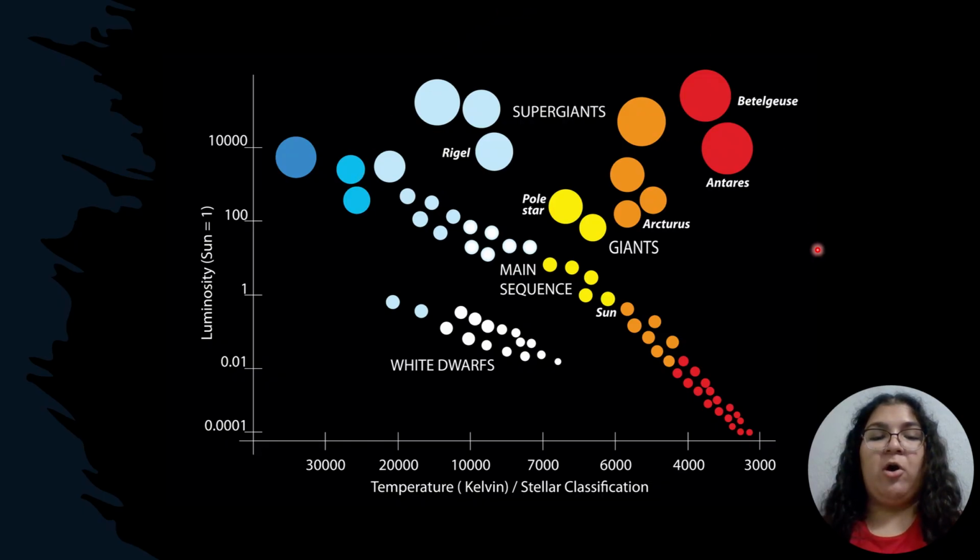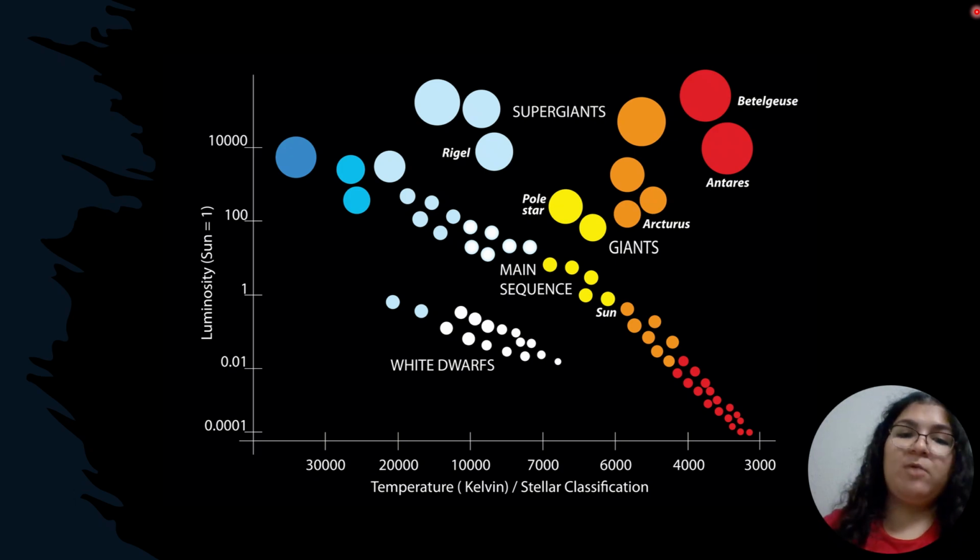We have what are called red dwarfs on the bottom right corner as the main sequence increases towards the left. We can see that the higher the temperature, the higher the luminosity and the color shifts from red to blue. Our sun is part of the sequence, lying somewhere around the middle right here.